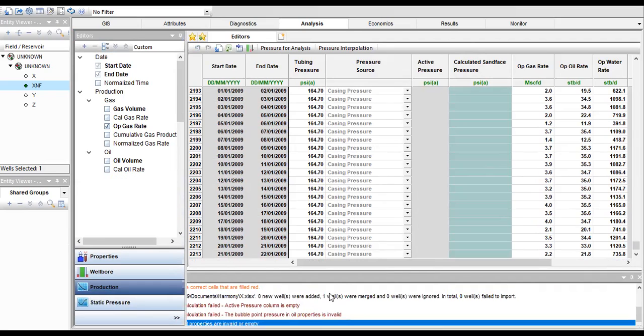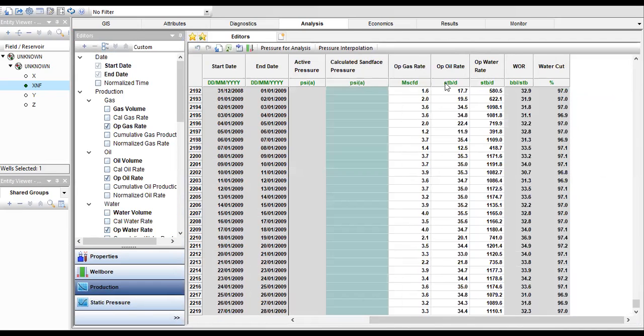Why? Because we input stock tank barrel per day. If you input the reservoir barrel per day, then actually it will be easier for the software. But if you input the stock tank barrel per day, of course, at least you will need to input the oil formation volume factor, water formation volume factor, and gas formation volume factor, right? To convert from the surface unit to the reservoir unit.